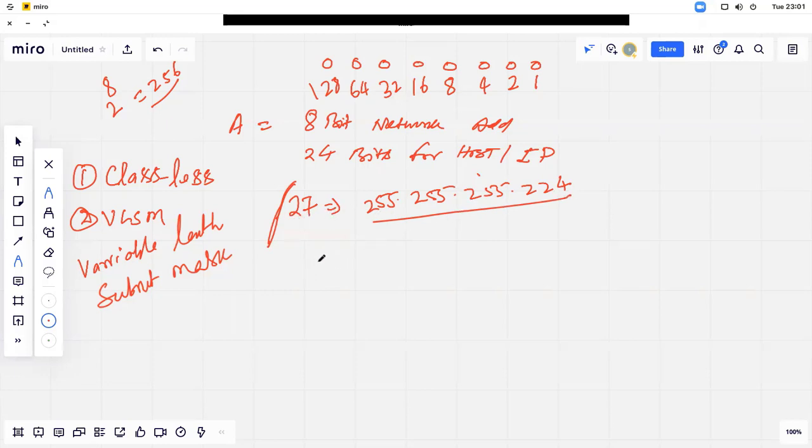Now we need to create a table. First of all, in the first column we'll write subnet, in the second column the first IP, in the third column the last IP, and in the fourth column the broadcast address.